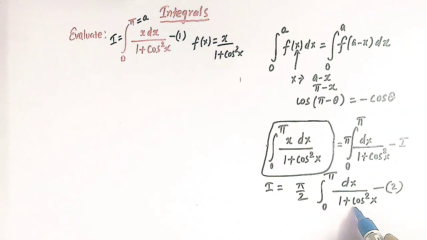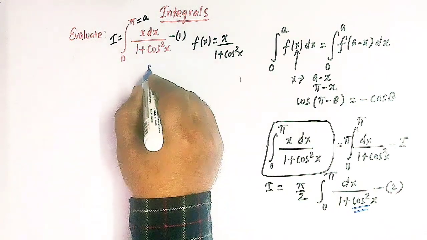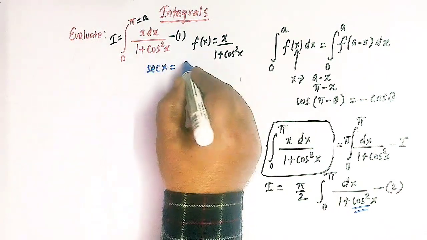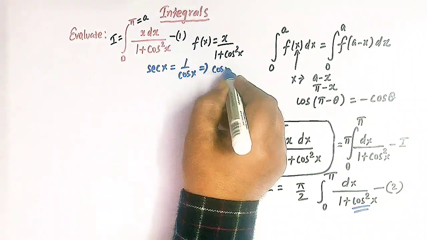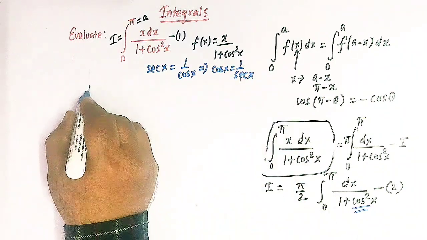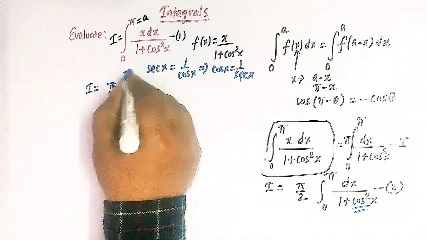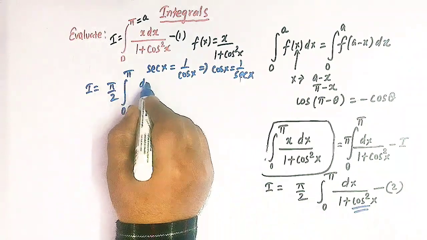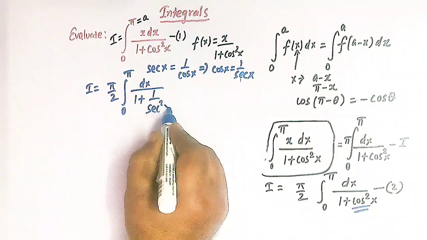Now let us convert this cos square x into secant square x. We know that secant x is equal to 1 over cos x, which means cos x is equal to 1 over secant x. So I can be written as pi over 2, the integral from 0 to pi, and we can now write dx over 1 plus 1 over secant square x.